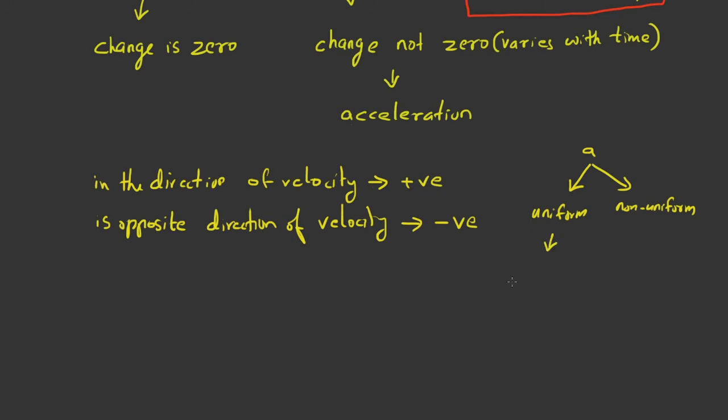An example of uniformly accelerated motion is a freely falling body. If the velocity changes at a non-uniform rate, that is, the object changes its velocity by unequal amounts in equal intervals of time, the acceleration is non-uniform. For example, a car moving along a straight road.